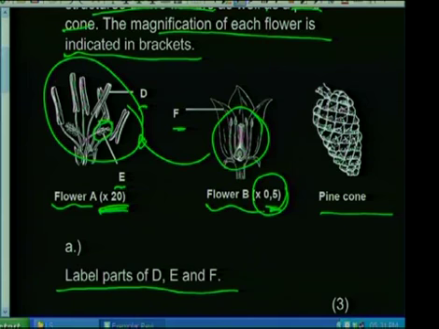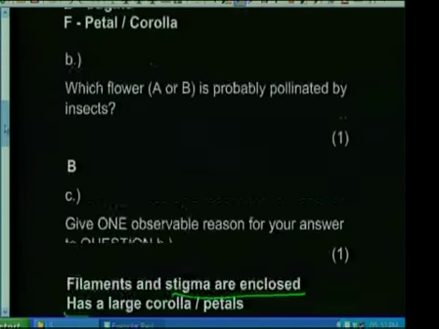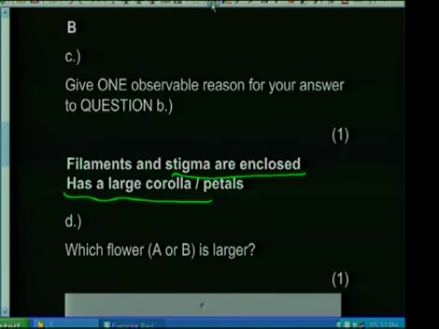Look at the magnification. This one is times 20. That one is times 0.5. It's 25% of the magnification of that one. So therefore, flower B would be the larger of the 2 in terms of the magnification. Skill to learn, look at the magnification. Don't be fooled by just looking at the diagrams.